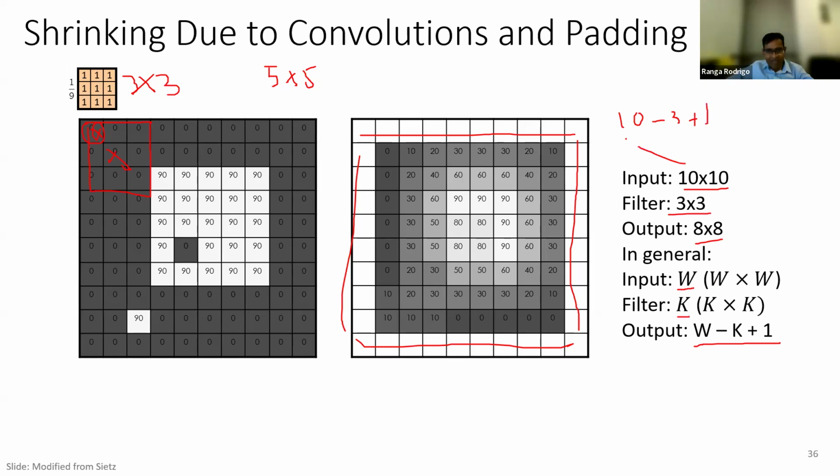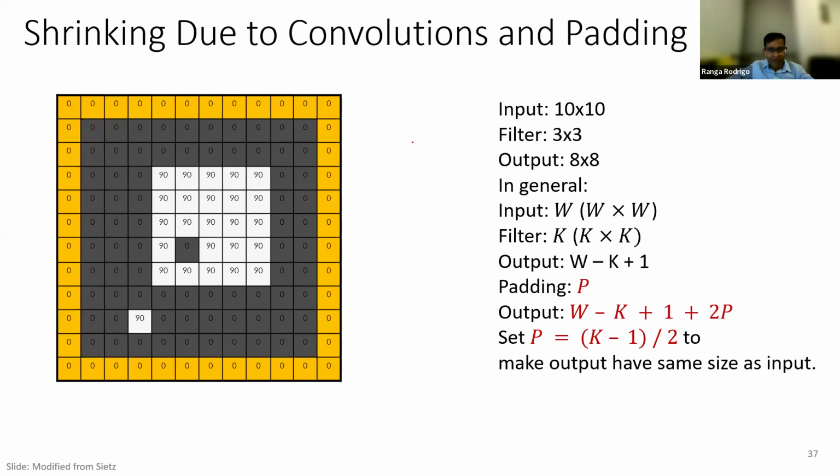To get the same size after convolution as the input image, we do something called padding, a padding P. For a 3 by 3 kernel, we add a padding of just 1 pixel. For a 5 by 5 kernel, we add a padding of 2 pixels. For a 7 by 7 kernel, we add a padding of 3 pixels. That padding size we can compute as K minus 1 divided by 2. So this is the output size now with the padding.